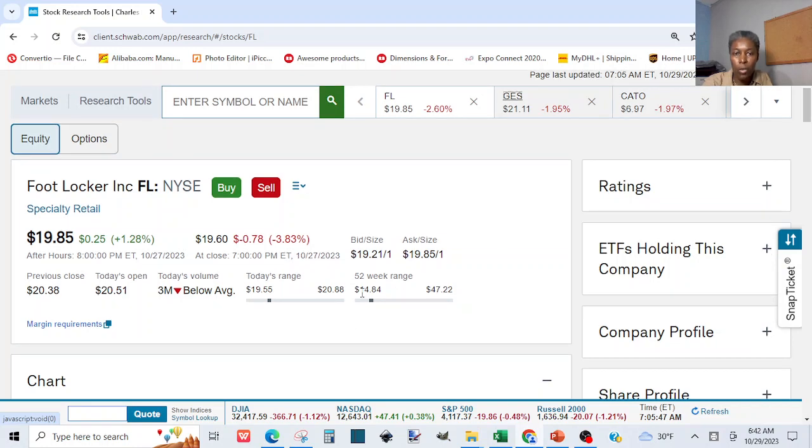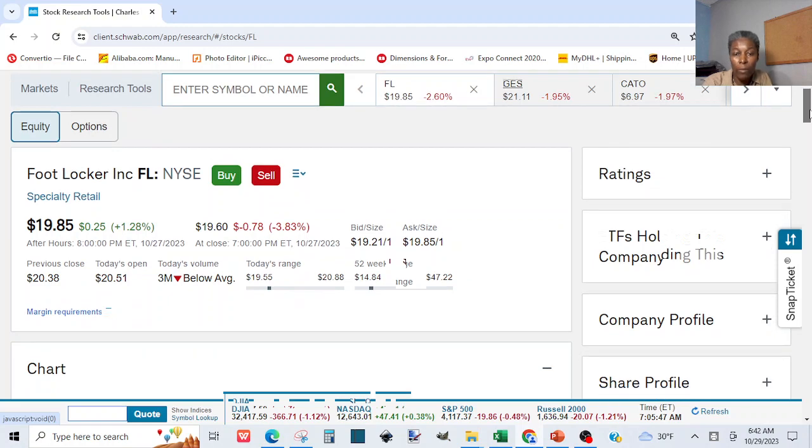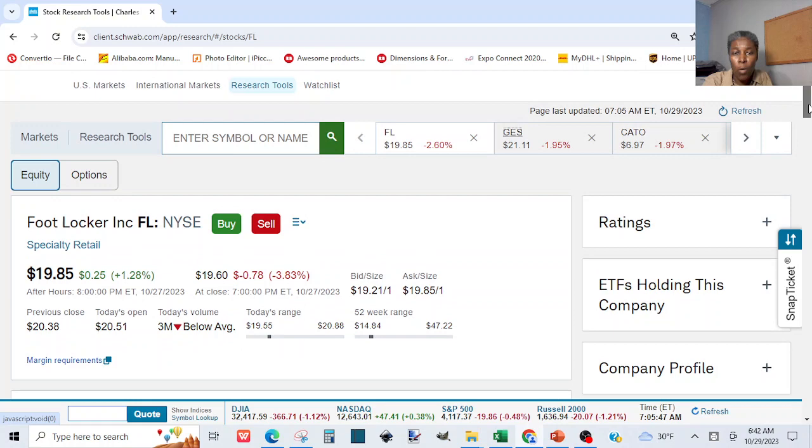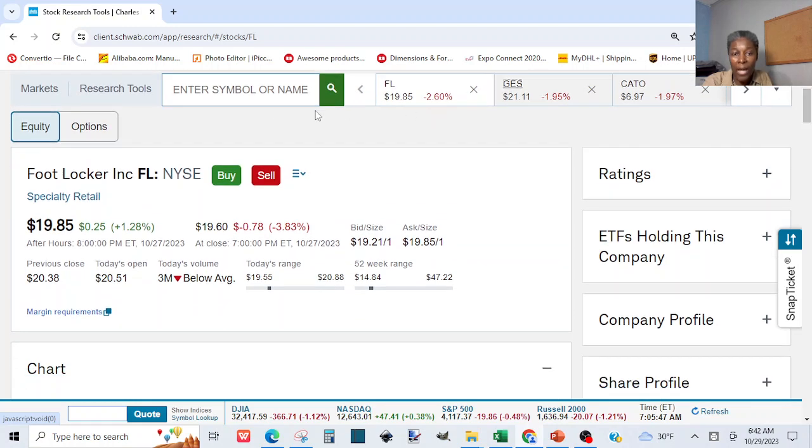It is, because the price it's selling at now is closer to the 52 weeks low than it is to the 52 weeks high. So if you are going to invest for the long term, yeah, it is the right time to buy one share if you want, or buy more if you want to. While you are setting the price to buy it, if you have a feeling it could go down more, you can set a lower price.